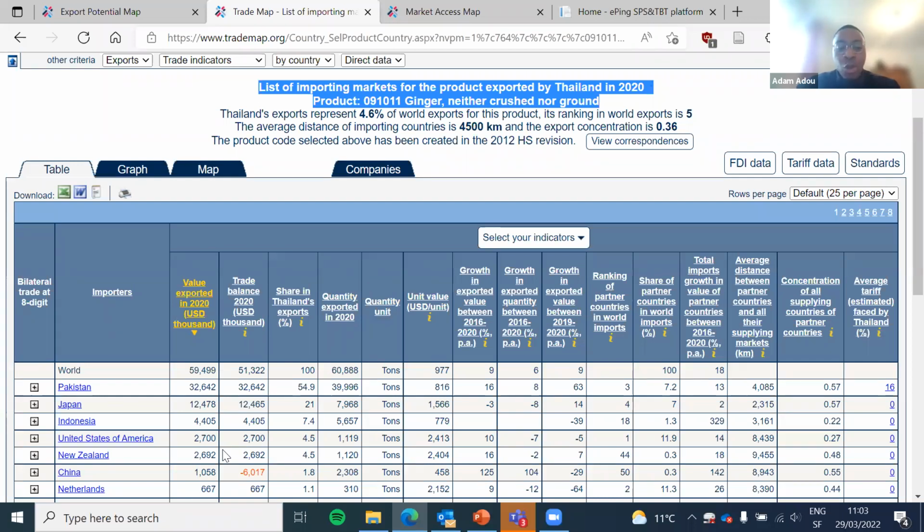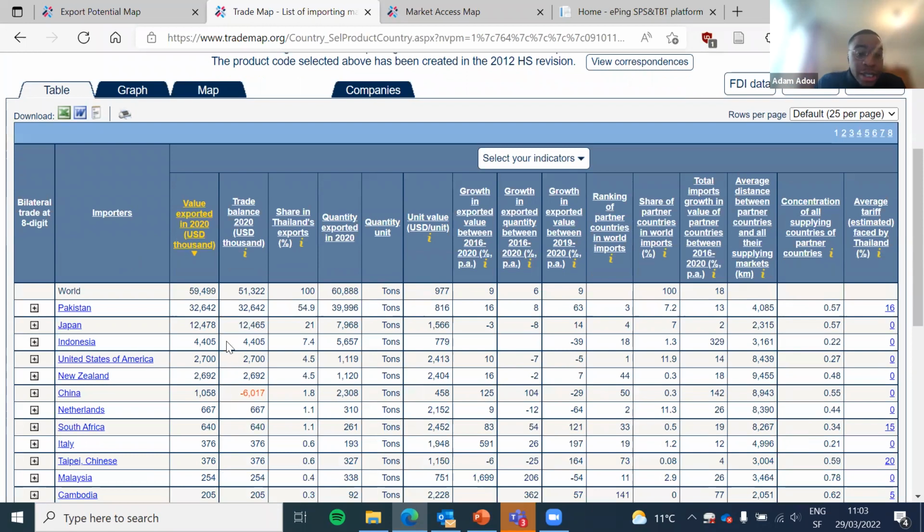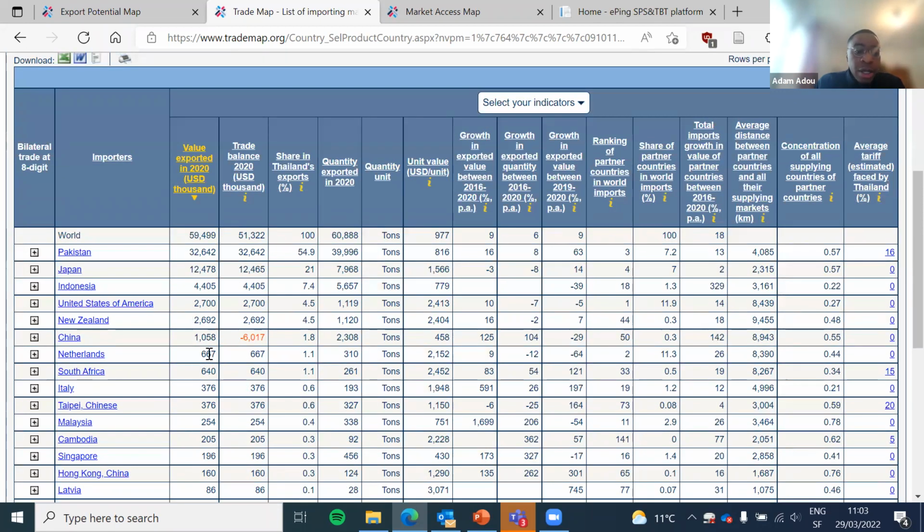So it was where Thailand had the biggest room for improvement for its export of ginger. But we see that the actual export of Thailand to the Netherlands for ginger is not that high compared to the top 5 countries. We will see why it is like that.